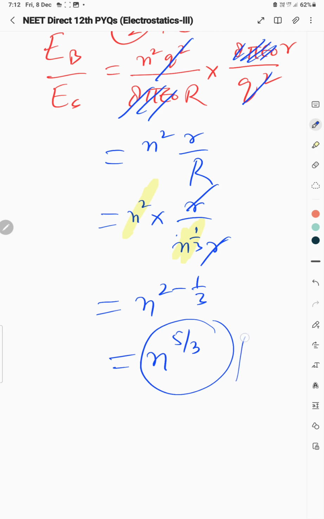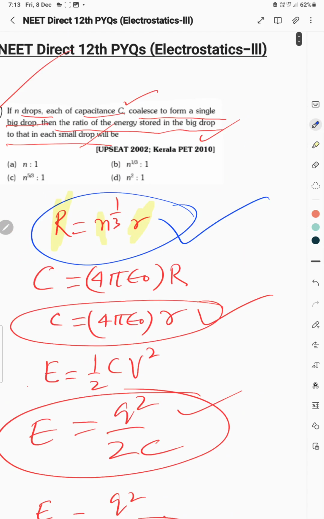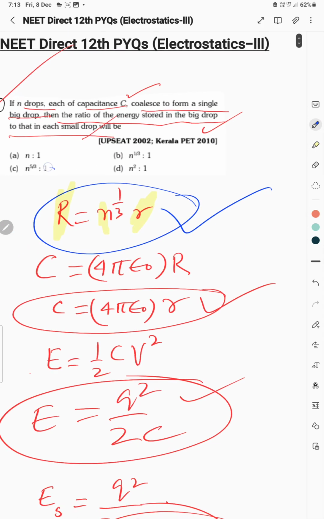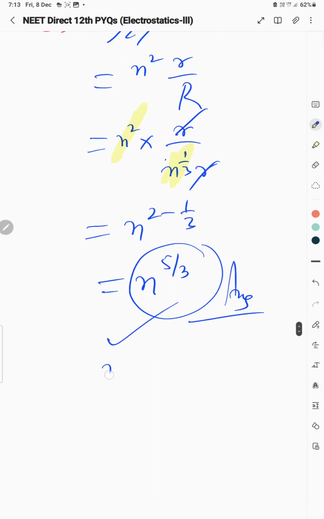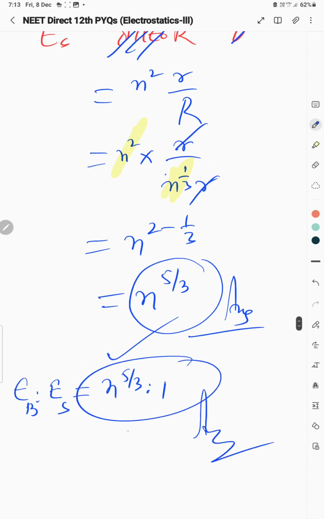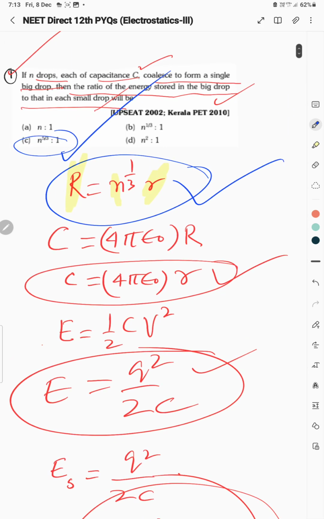This expression now becomes n power 5 by 3. So this is the answer to this problem, n power 5 by 3. C option, n power 5 by 3 is to 1. So when we say the ratio, we can write this as the ratio of the energy of the big to the energy of the small drop. And this is C option, which is the correct option for this problem.